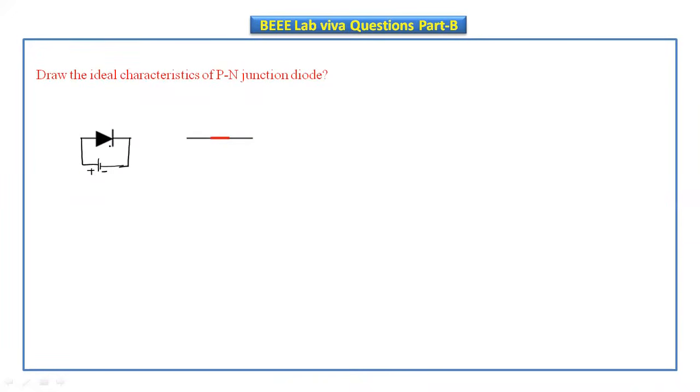In forward bias, the ideal diode is replaced by a closed switch. Now, if we apply reverse bias, if we reverse the terminals, negative is connected to P and positive is connected to N. In this case, the ideal diode will be replaced with an open switch.